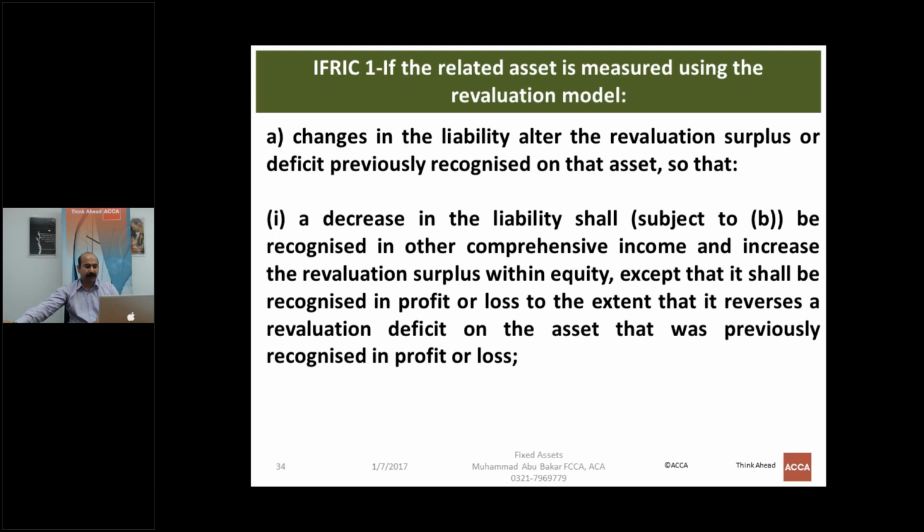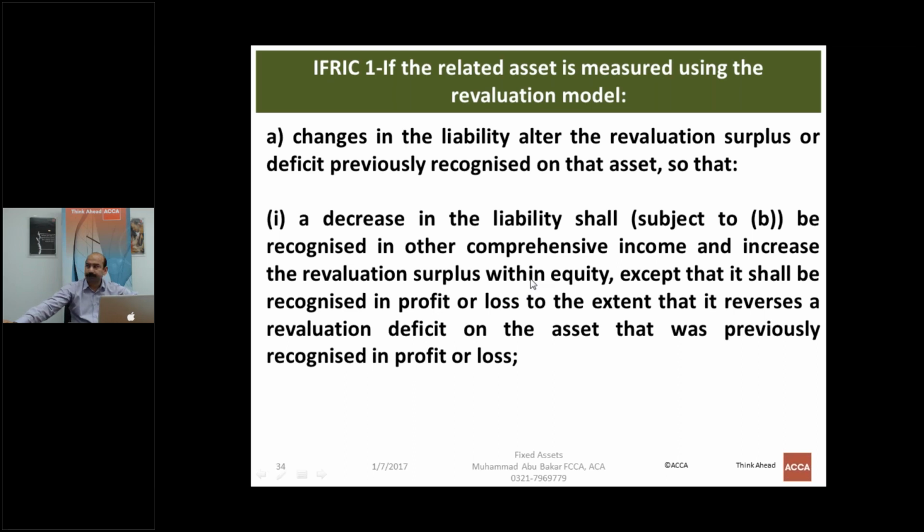This is the treatment on slide number 34. Liability is decreasing by 5,000, so decommissioning liability will be debited with 5,000 and other comprehensive income will be credited. So revaluation reserve will increase.